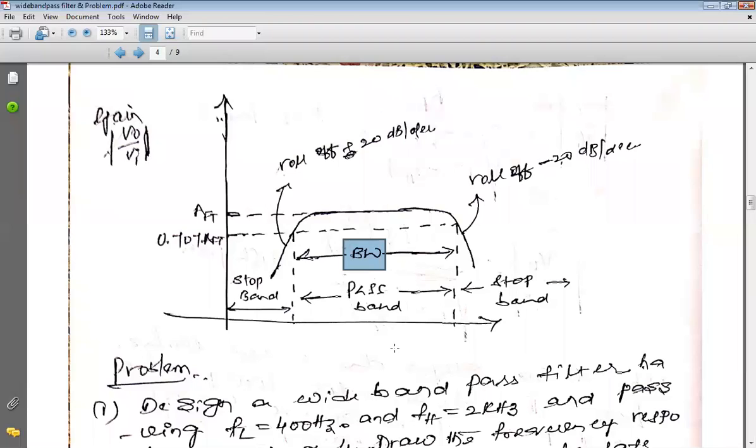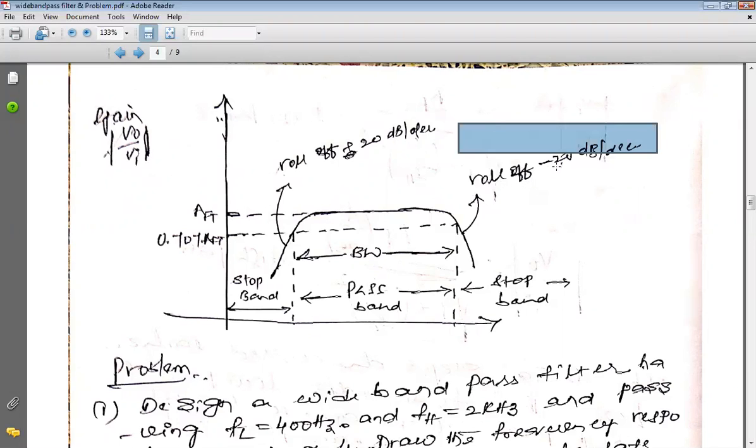Why is it called the bandwidth? From the lower frequency signals to the higher frequency signals, it is passing the frequencies. Therefore, FH minus FL is the bandwidth. And also after the high frequency signals, the band pass filter should not pass any signals, and from there onwards the frequency signals will start rolling off, or decrease, or stop passing to the output.